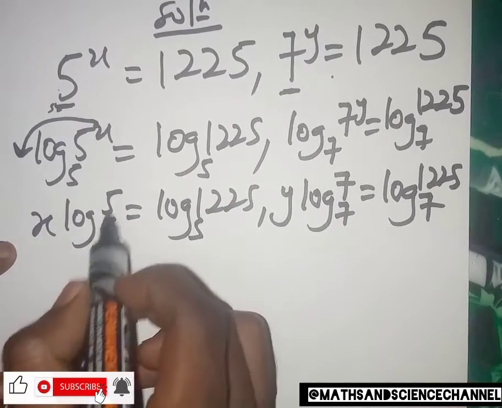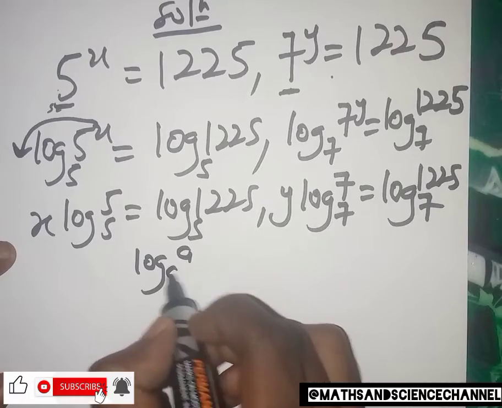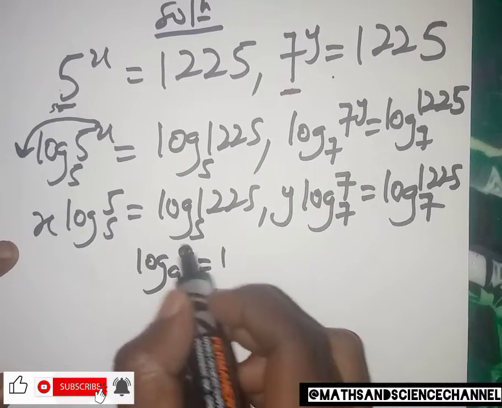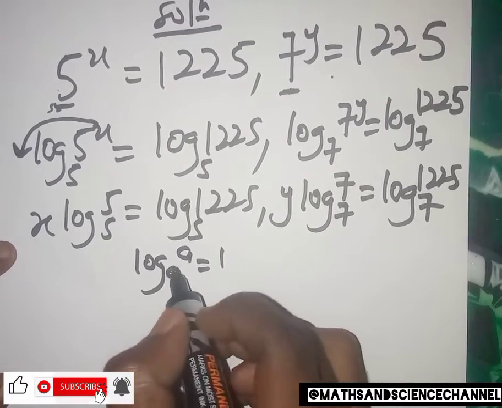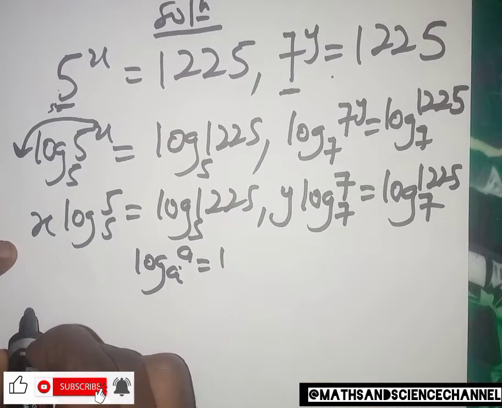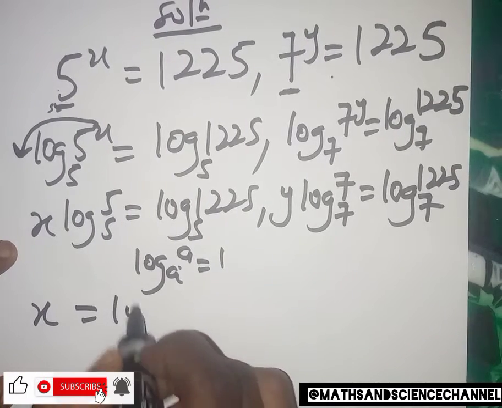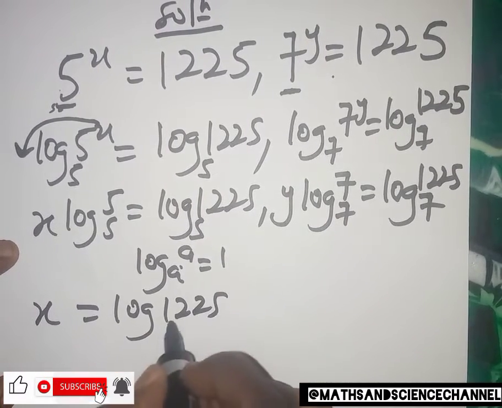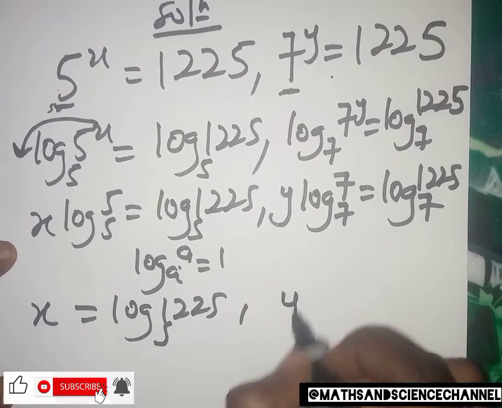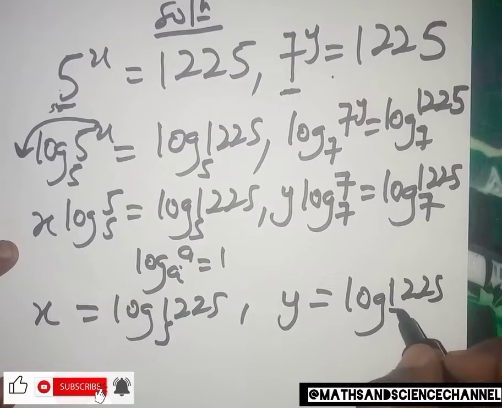Now from properties of log, log a base a is equal to 1, if the number here is the same as the base. So all of this goes to 1, and we just have x being equal to log 1225 base 5, and y being equal to log 1225 base 7.